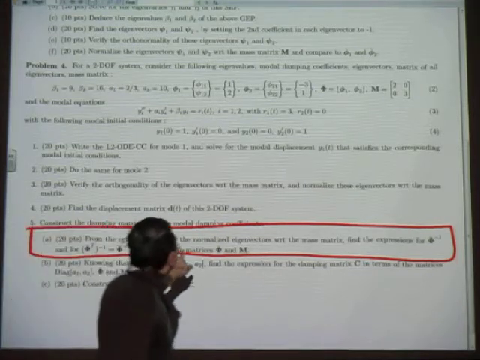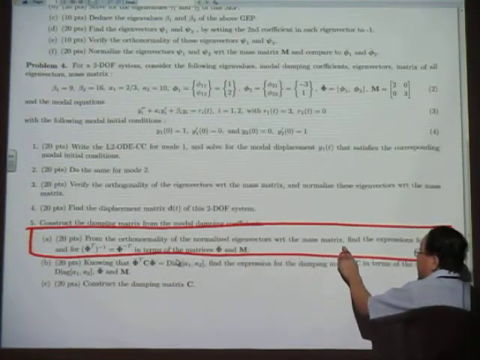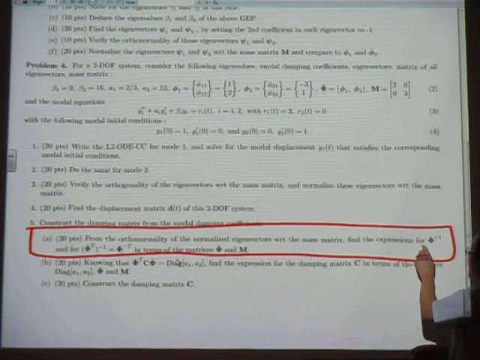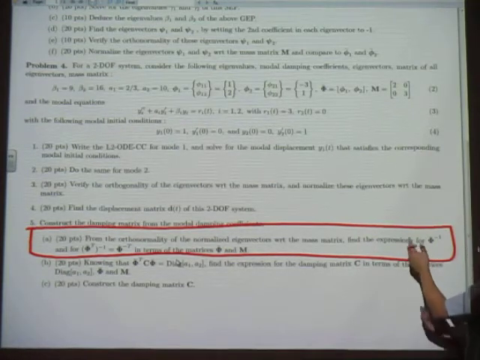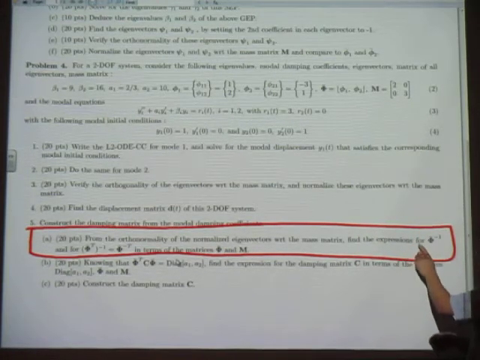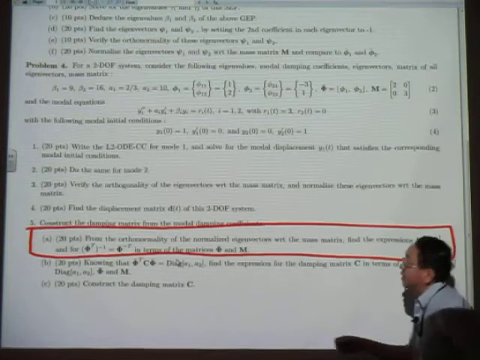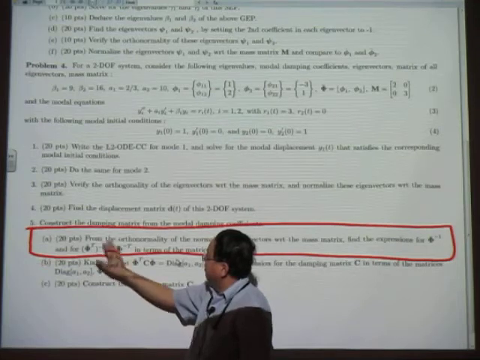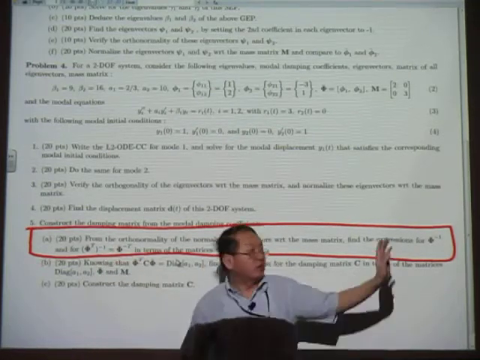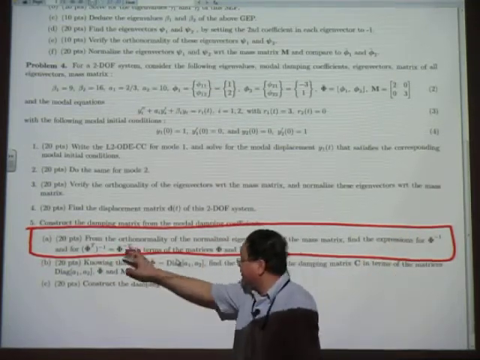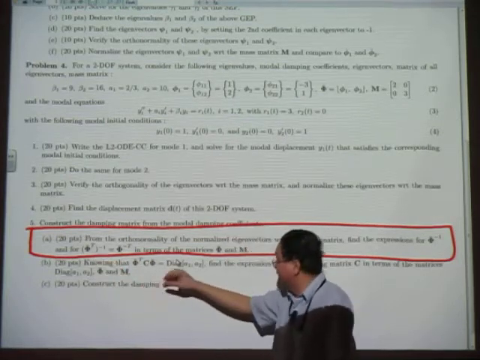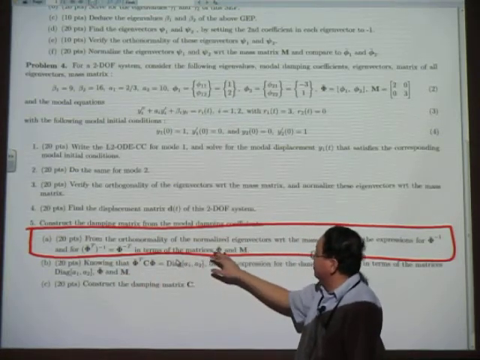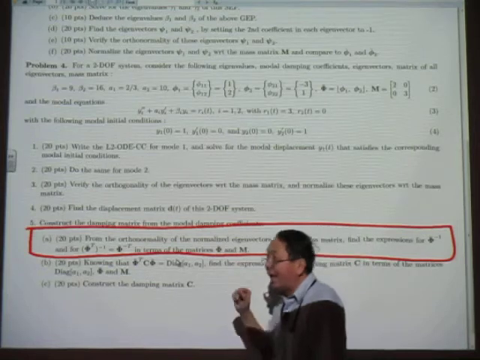From the orthogonality of the normalized eigenvectors with respect to the mass matrix, find the expressions for phi bar inverse and for phi bar transpose inverse. If you find one, that's pretty good. Maybe let's do this one only. This one you can also do in terms of the matrices phi bar and the mass matrix.